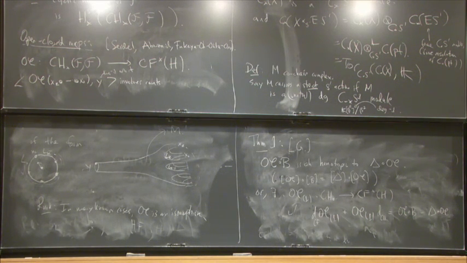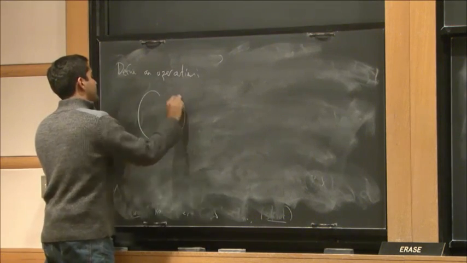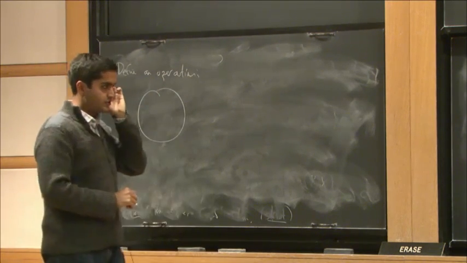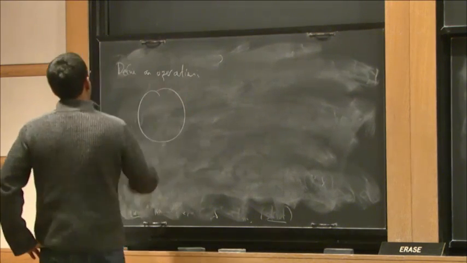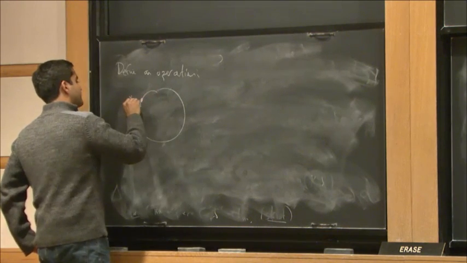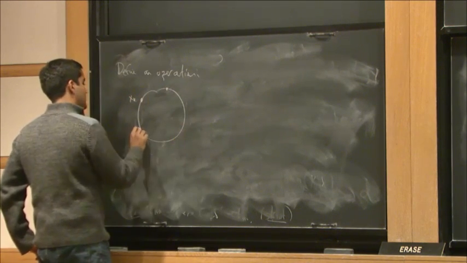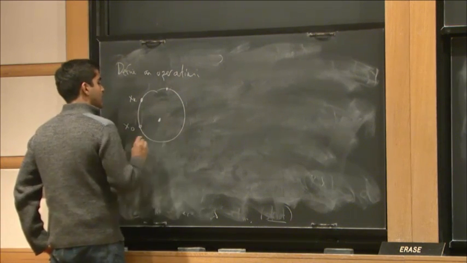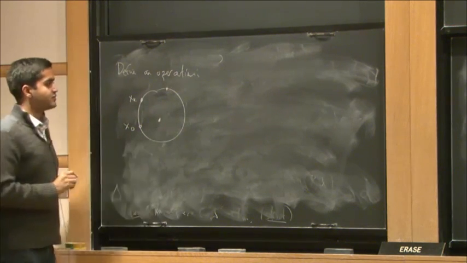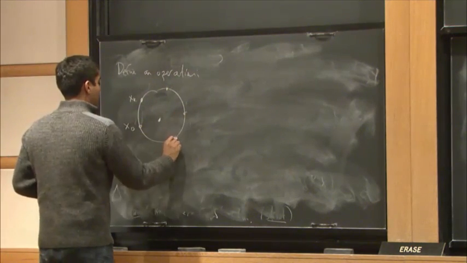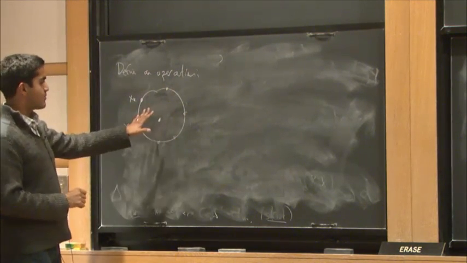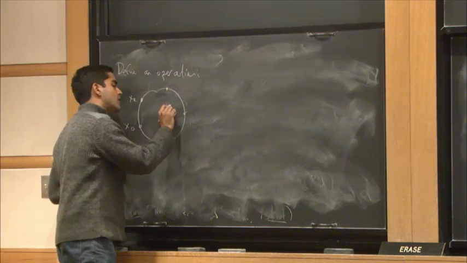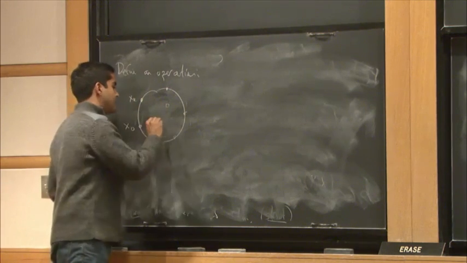So we can define an operation where the position of the start point varies. So this operation is going to be controlled by the space of disks with boundary mark points and one interior mark point as before, and now another interior mark point.